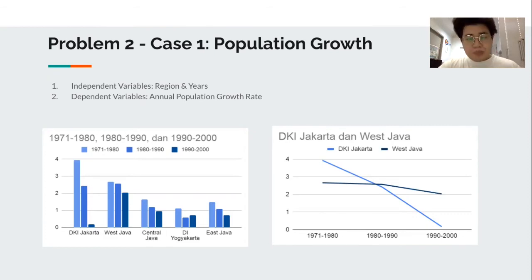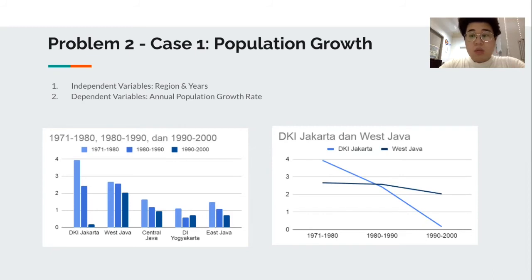Therefore, if the graph links until the last period, the annual population growth rate in Jakarta is smaller than West Java. This reading from the graph might suggest that there has been major birth control awareness, especially in Jakarta, as the decline in population growth rate is really massive.